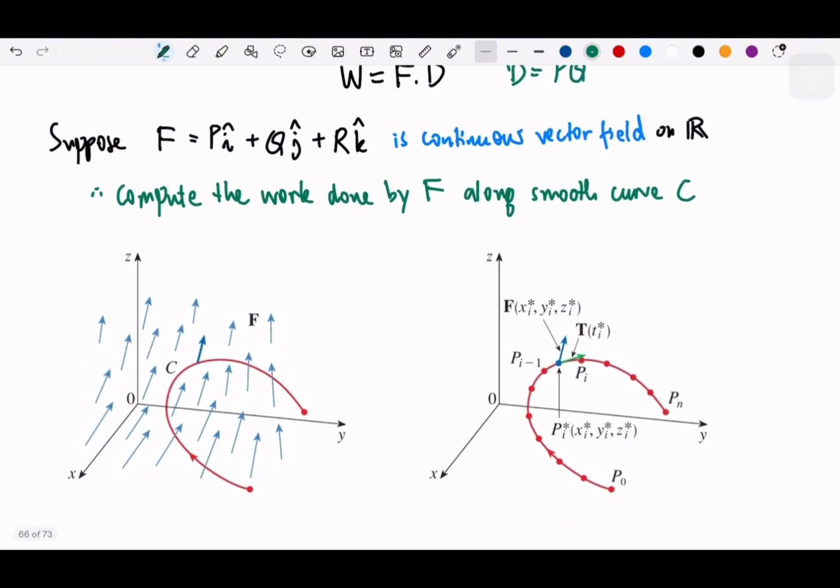If we could see the picture. So we have a vector field, blue direction arrows, and we have a smooth curve C. We want to compute the work done by this vector field along this curve.